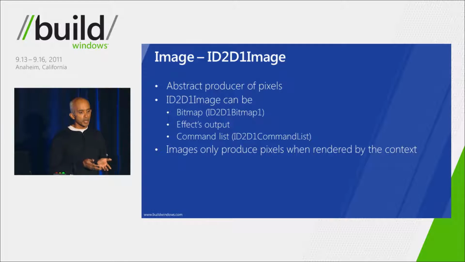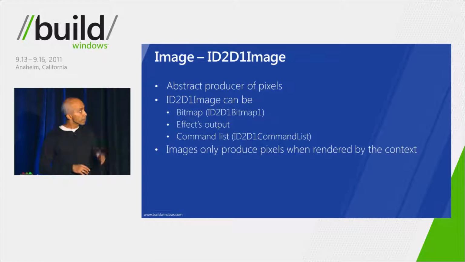Direct2D in Windows 8 introduces the concept of an image, a potentially infinite plane that produces pixels when asked. An image is an input to an effect or an output of an effect. So it's the currency that connects the various effects together. And then it's also what you will render to the display.